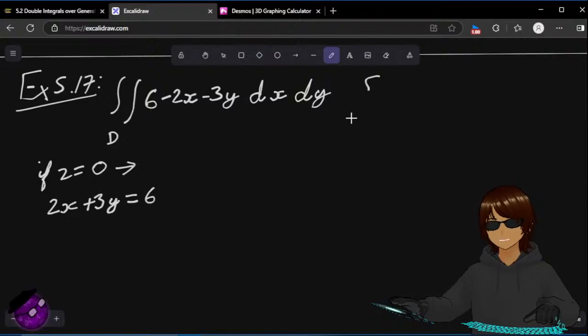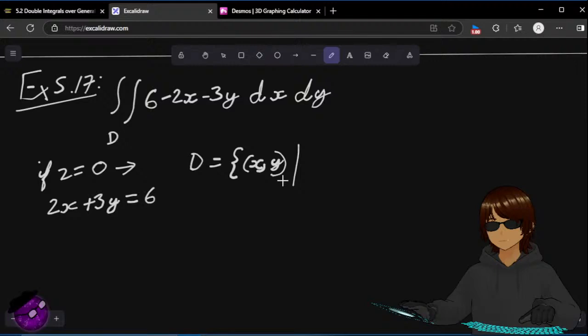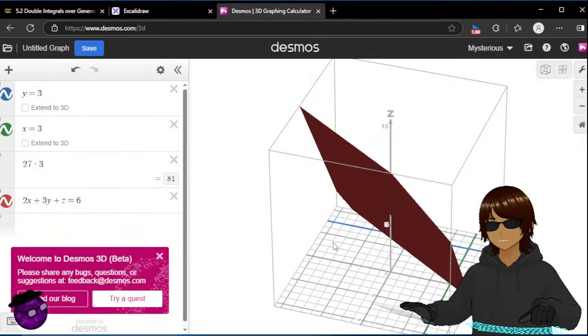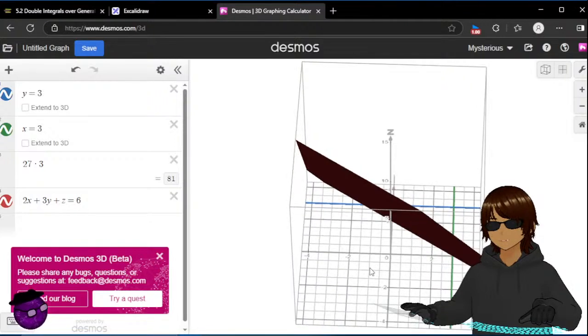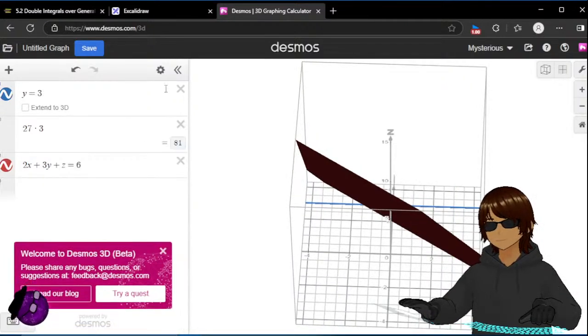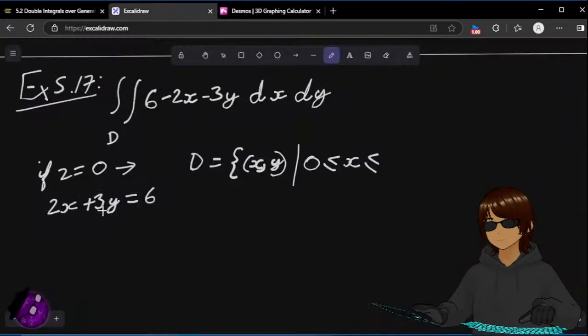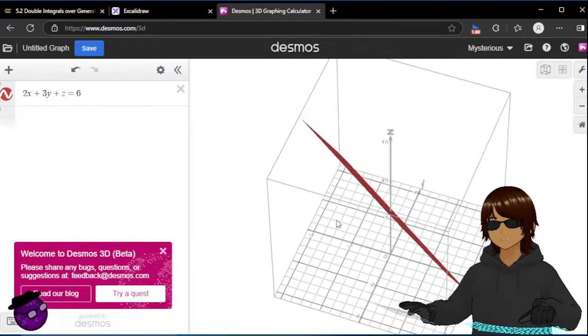Then the region D is the set of all points where x is between 0 and, if y is 0, x is 3, right?